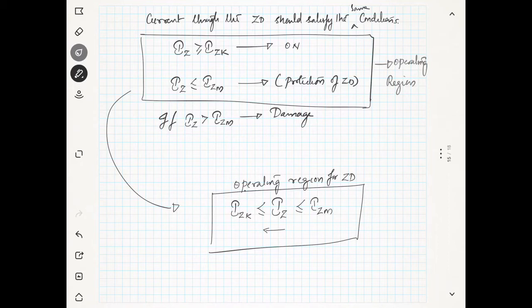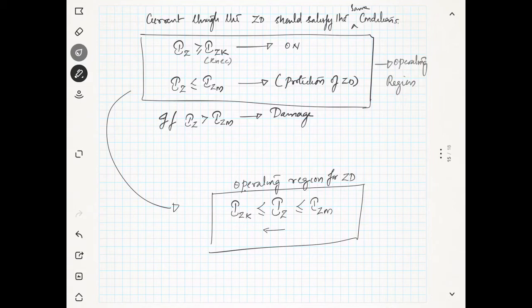For example, if the current Iz becomes less than Izk, the knee current, then it will become off. So the current should be greater than the knee current.